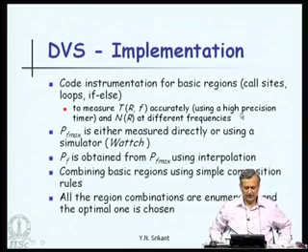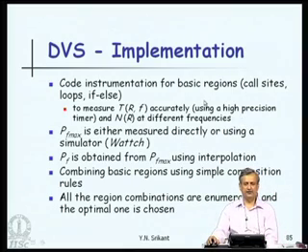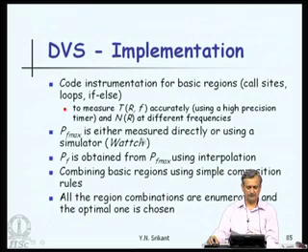T(r, f) is the time required to execute region R at frequency f, and n r is the number of times region R is executed. So, this can be measured using a counter. Code instrumentation is needed to start and stop the timer and also increment the counter at the various basic region levels.